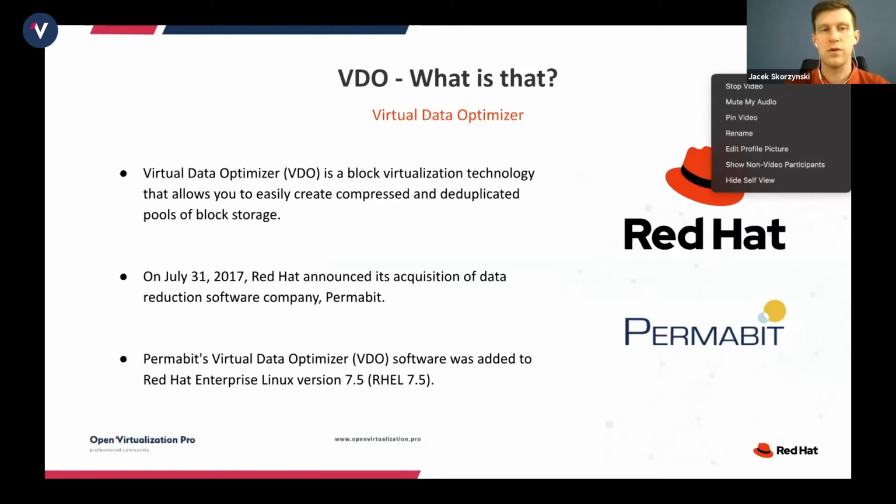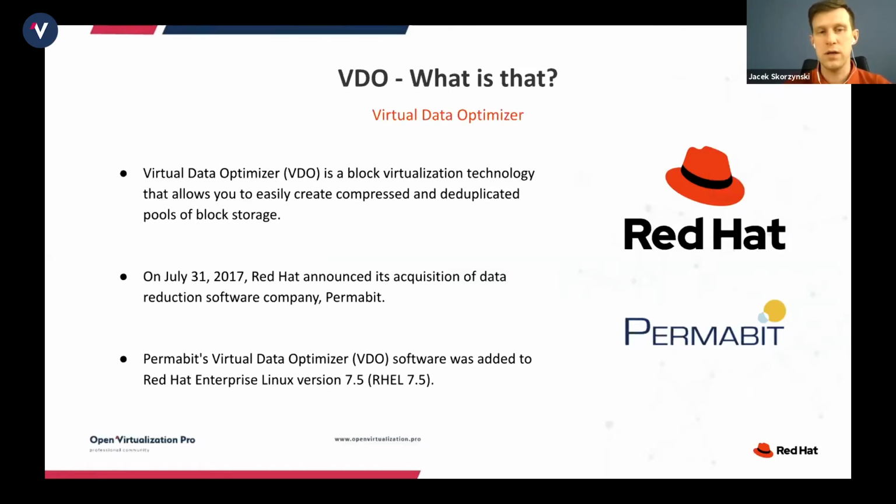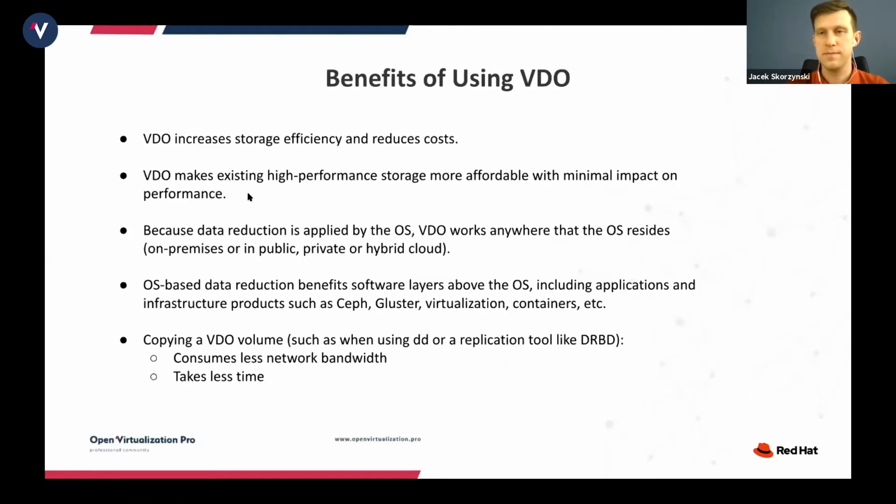So starting from July 2017, we acquired Permabit and included VDO into RHEL, starting from RHEL 7.5. So right now, anyone who is using RHEL, doesn't matter if it's RHEL 7 or RHEL 8, is able to use VDO inside the operating system.